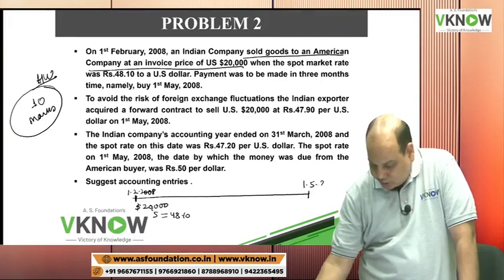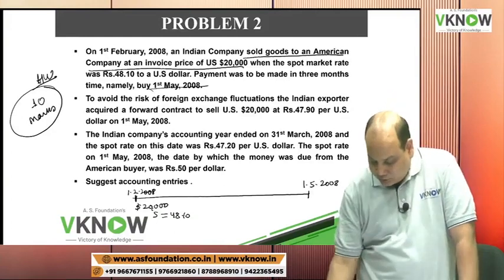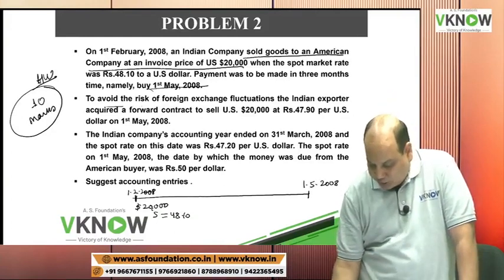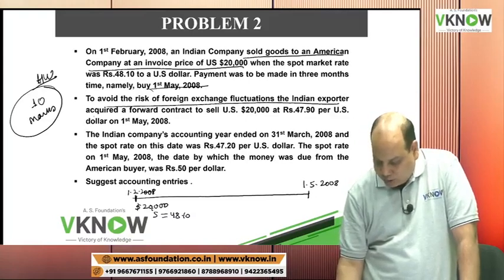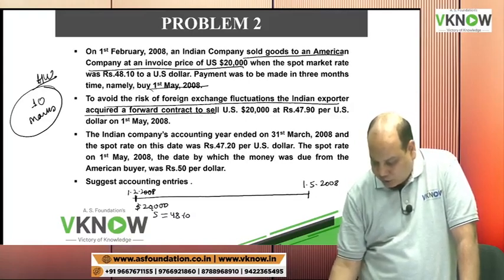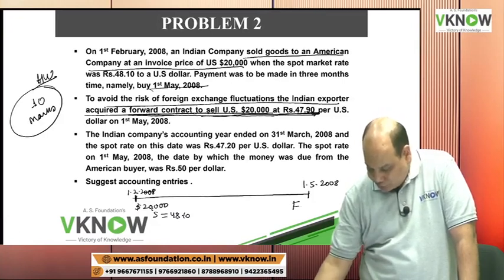That is, the due date is 1st May 2008, which is given in the problem. To avoid the risk of foreign exchange fluctuation, the Indian exporter acquired a forward contract to sell US dollar at 47.90. So your forward rate is 47.90 rupees per dollar.